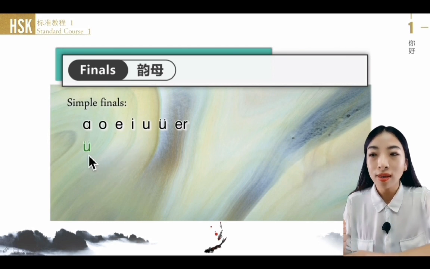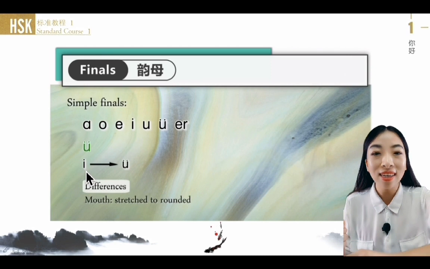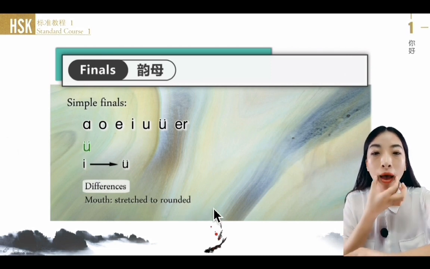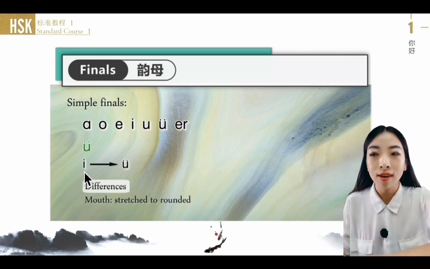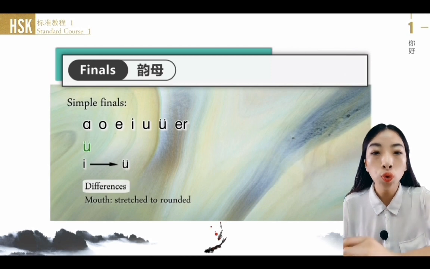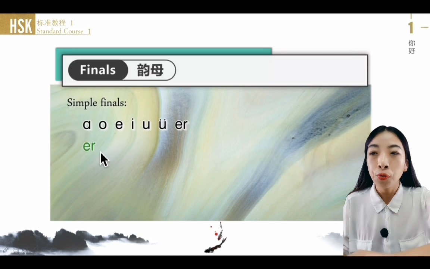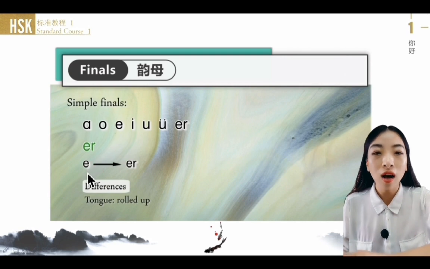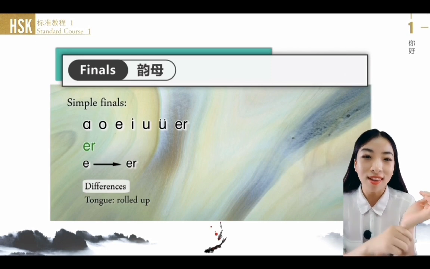When you pronounce yu, you can pronounce e first, and then make your mouth rounded. When you pronounce, you can pronounce first, and then roll up your tongue.